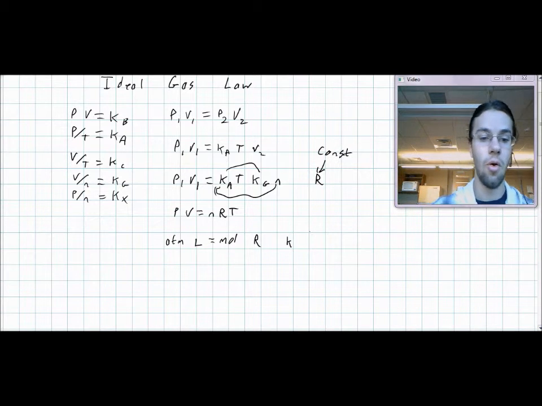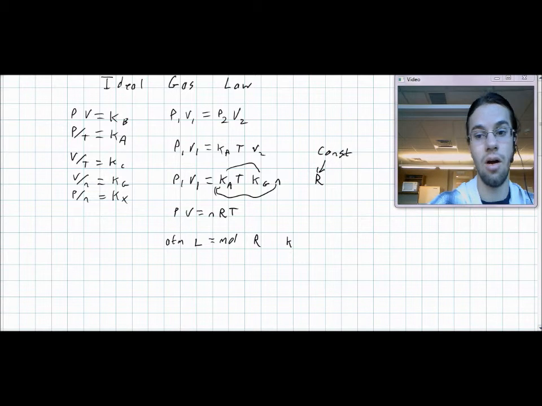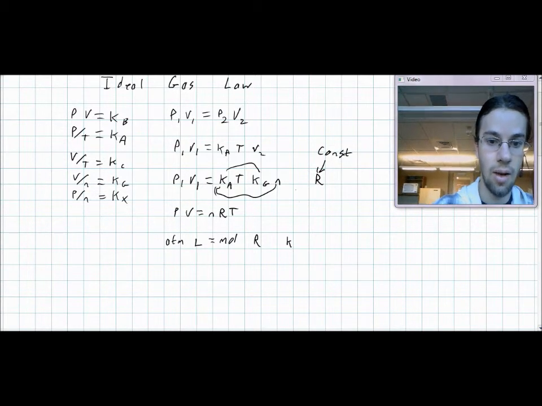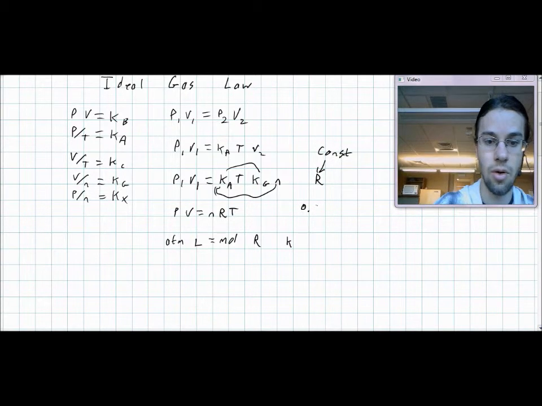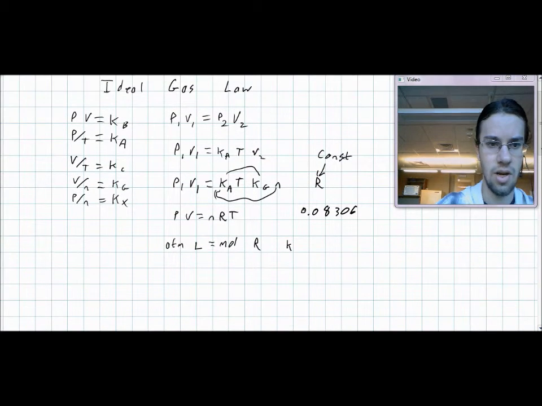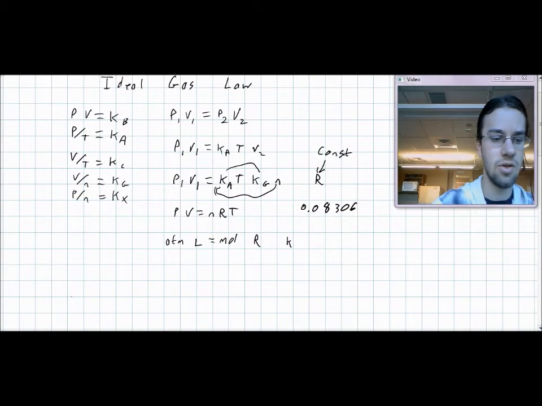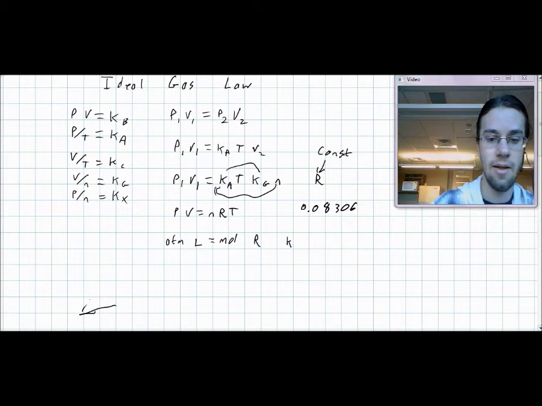And so what we need is our constants. Well, our constant R needs some values to make everything look nice, so I'm going to give you what that constant R is. It is 0.08, I want to say it's 306. I had it written down here at the beginning of the video, so trust that value.